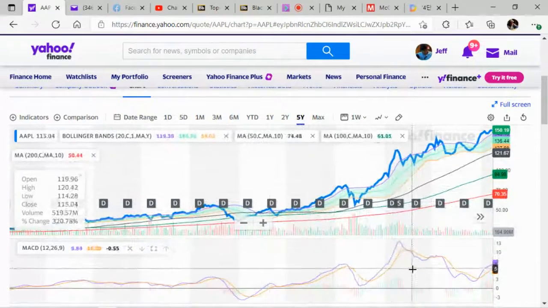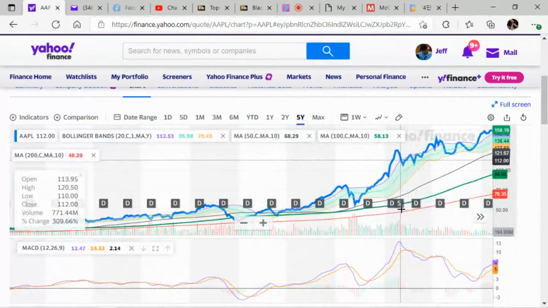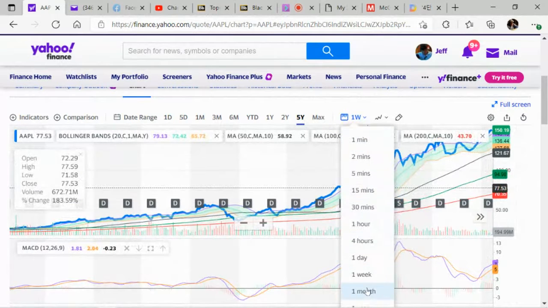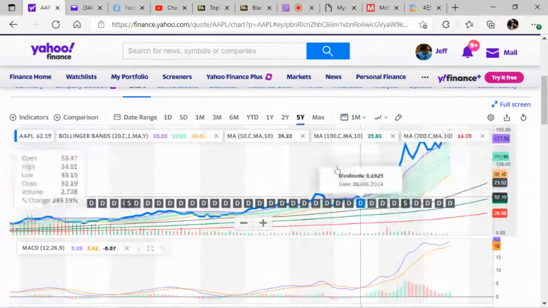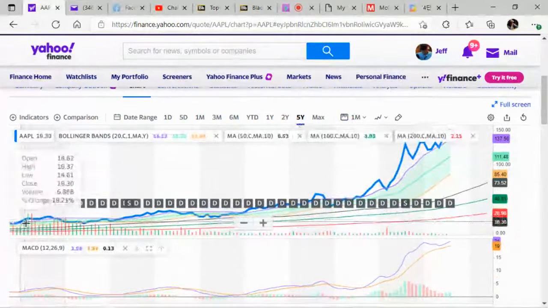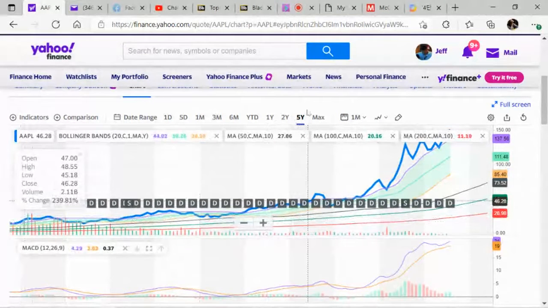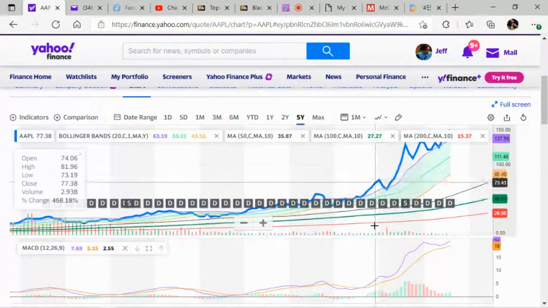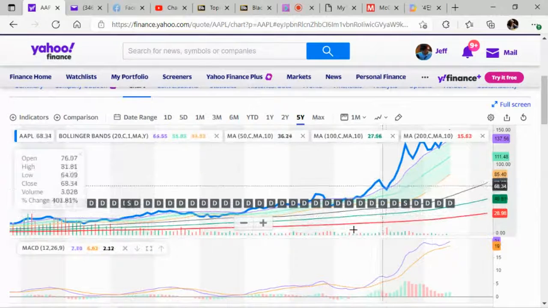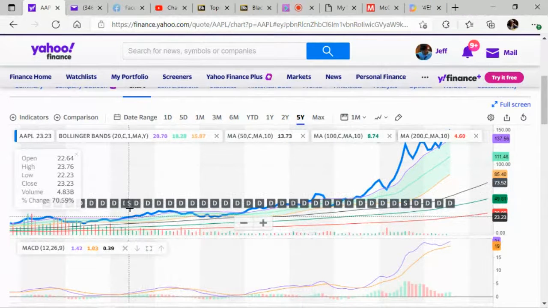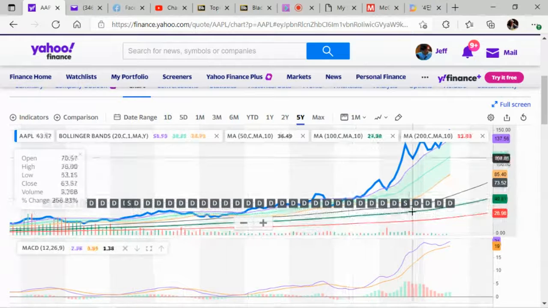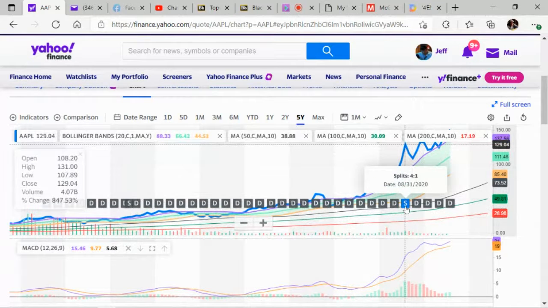So let's see. If I redefine the timeline to 5 years, in the last 5 years there were two stock splits. You see, one here, one here. The most recent one was a 4-to-1 split on August 31st, 2020. I remember this.